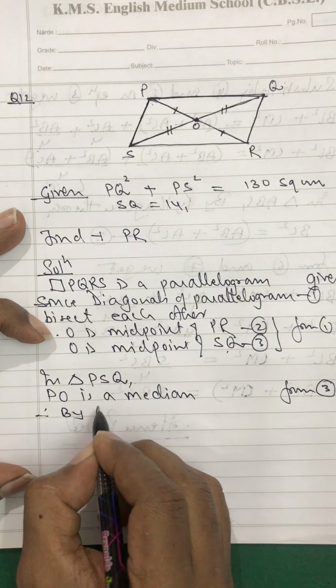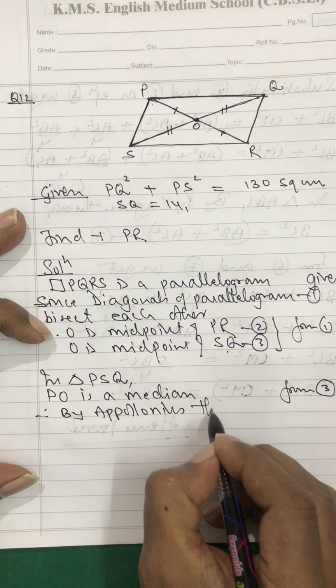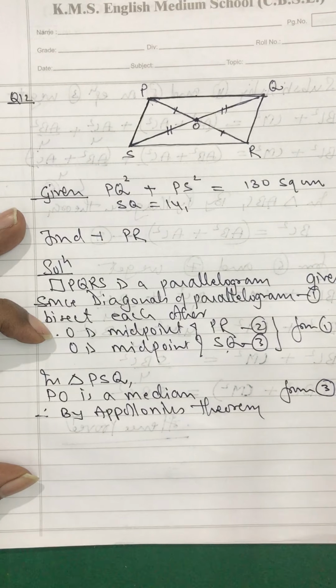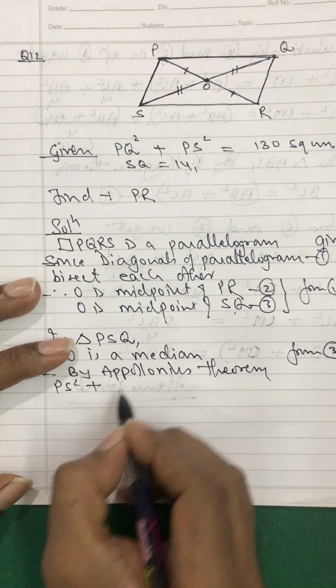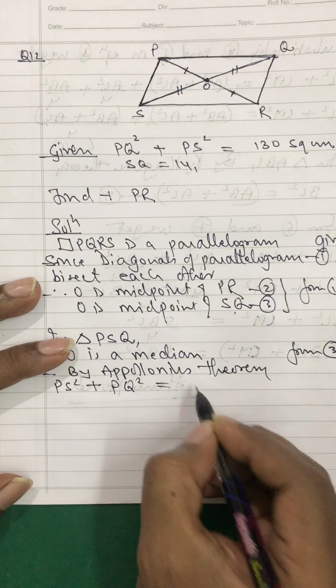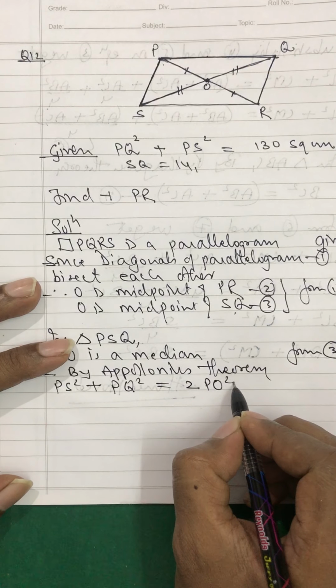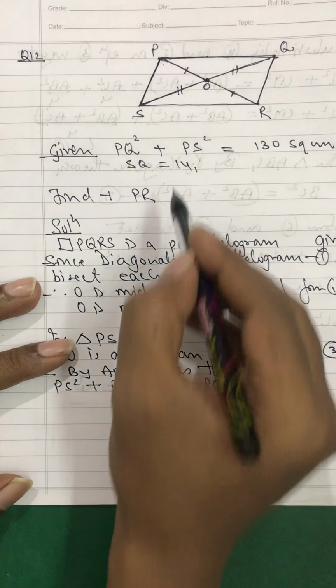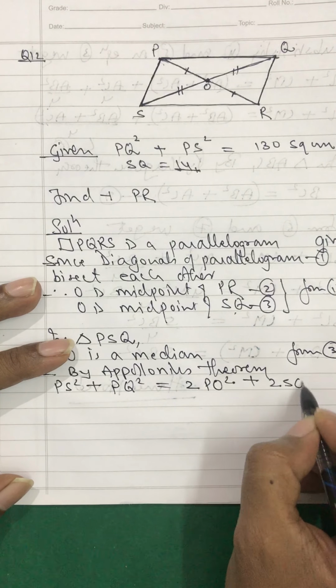Therefore, by Apollonius Theorem, you will get PS square plus PQ square is equal to 2 PO square plus 2 SO square.